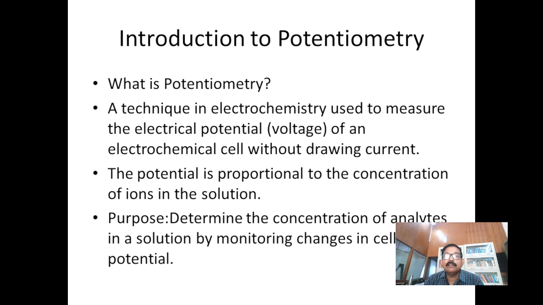So in this technique we measure the potential of an electrochemical cell without drawing current. The potential is proportional to the concentration of ions in the solution. The more the concentration, the more the potential. The less the concentration, the less the potential of a particular reaction.